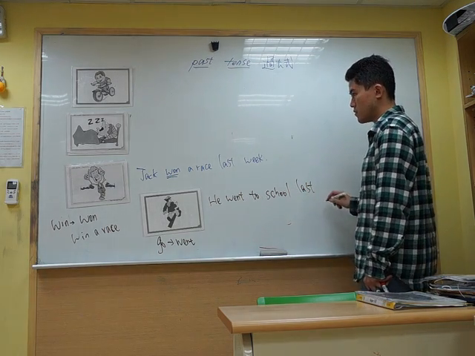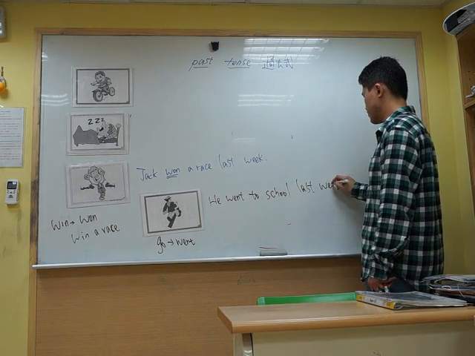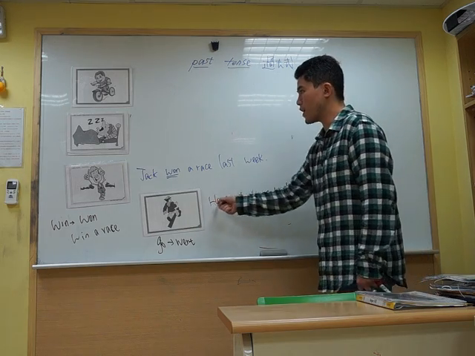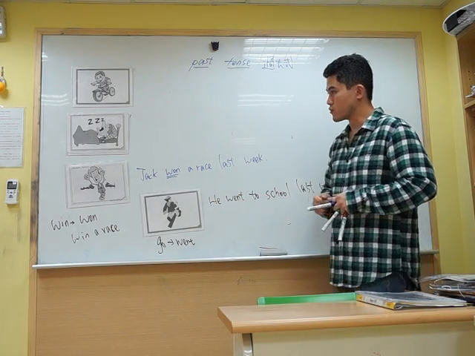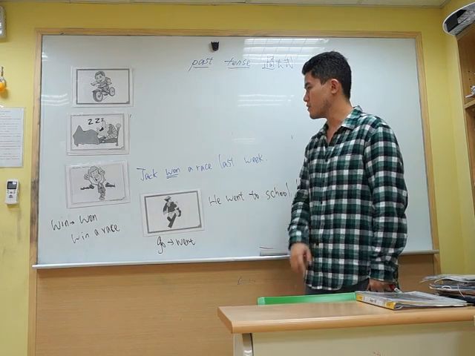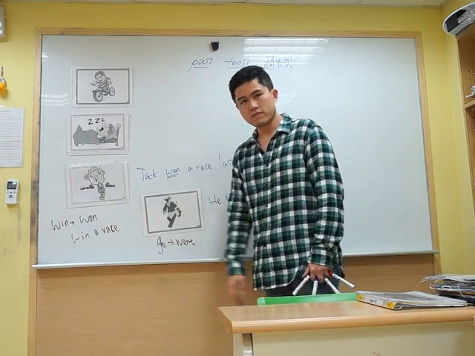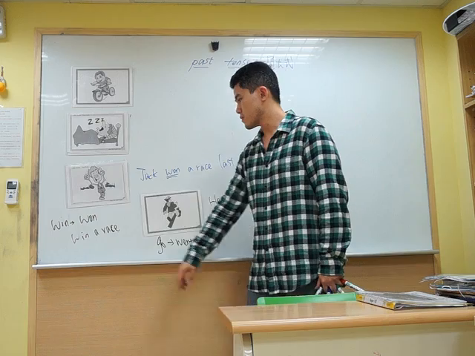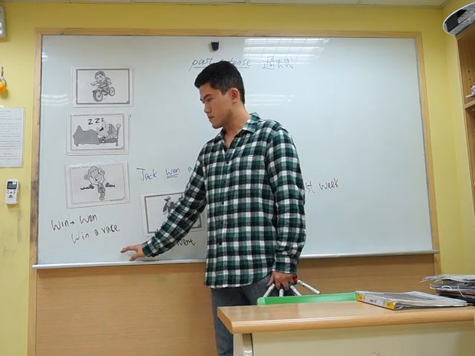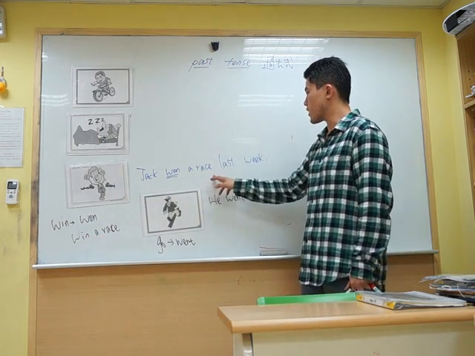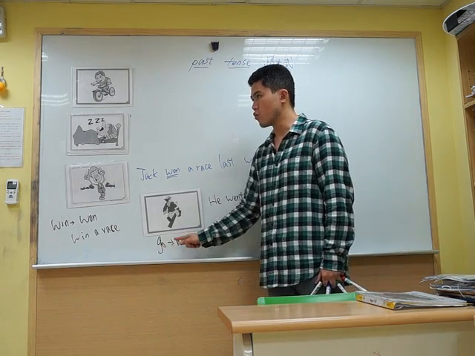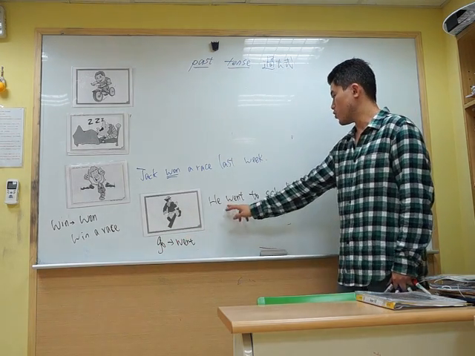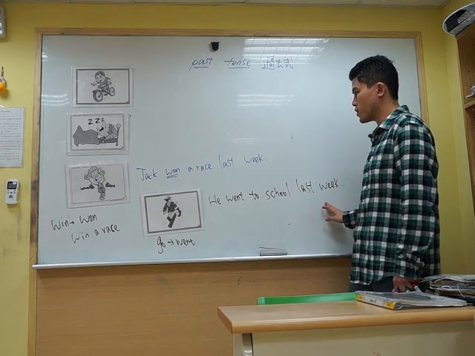Last week. He went to school last week. Okay, so let's practice again. Say, win, won. Win a race. Jack won a race last week. Go, went. He went to school last week.